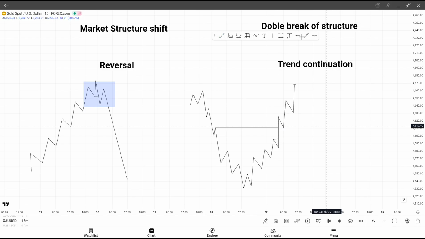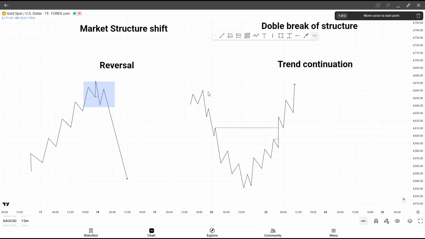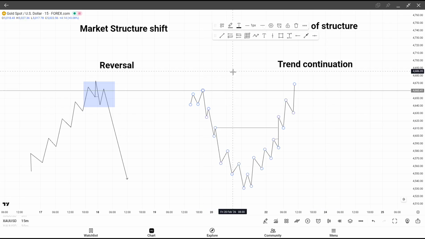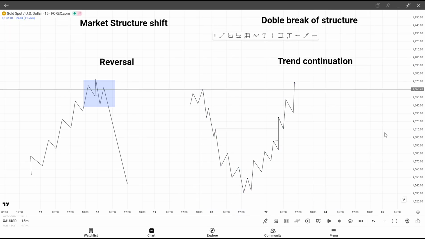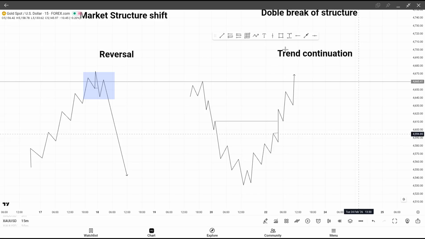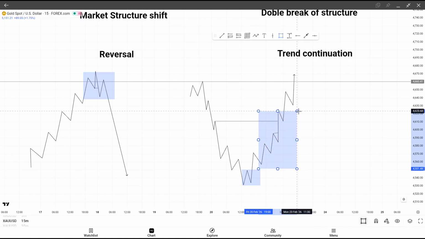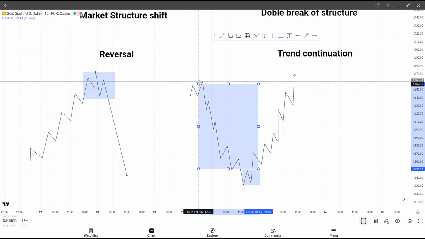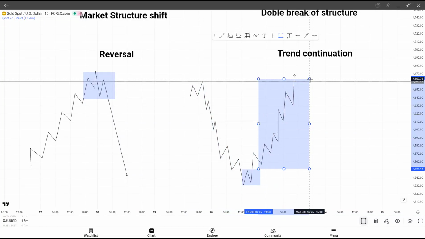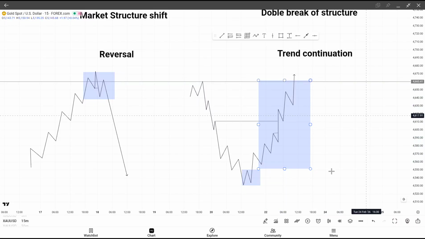It means that if this is a bullish market and this is the high that we are going to take out, after the market structure shift, the market is about to change direction. Any trade that we take around this zone to take the new high should be a double break of structure. Do you understand what I'm saying?